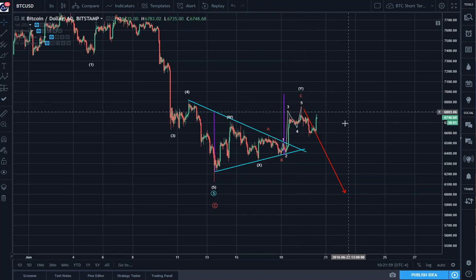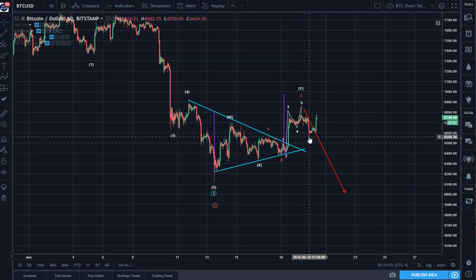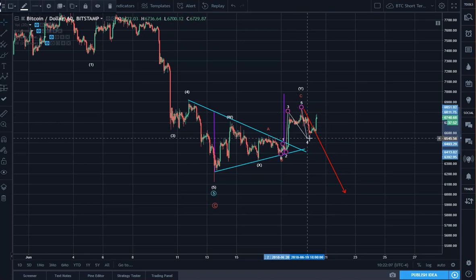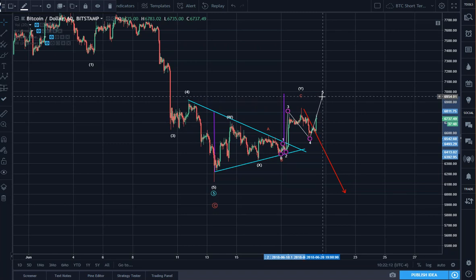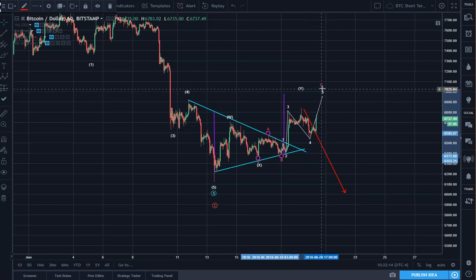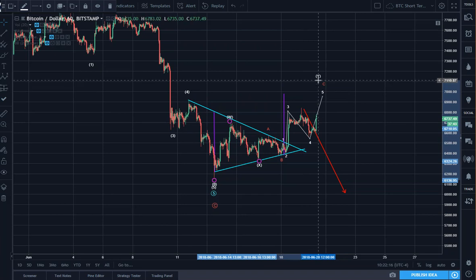Now we can have still 1, 2, 3, A, B, C, 4 down here, and then 5 is still going on. Right now, for the benefit of the doubt, let's put it right there, which means everything will shift to the right.